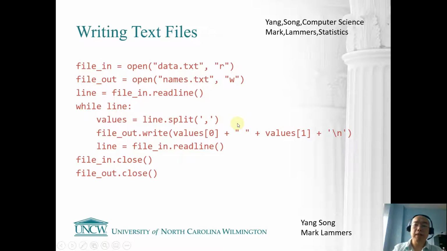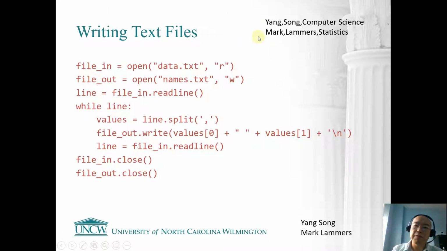So I'm separating each line into the first name, the last name, and the department. And then I'm grabbing only the first name and the last name, separated by a space, and remember we have to do the \n by ourselves, because write doesn't do that for us. So that is the first name, a space, the last name, and a line break.